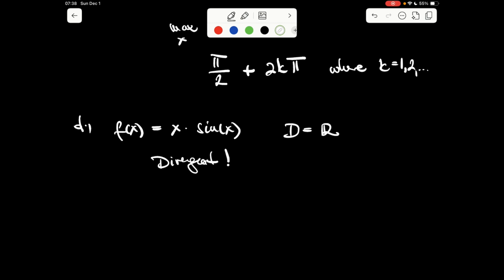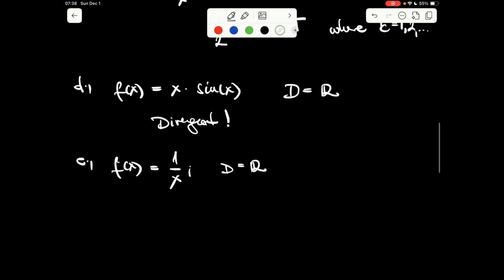Okay, in problem E, we have another familiar function, 1 over x, and the domain is still the whole real line. This is similar to the previous case.